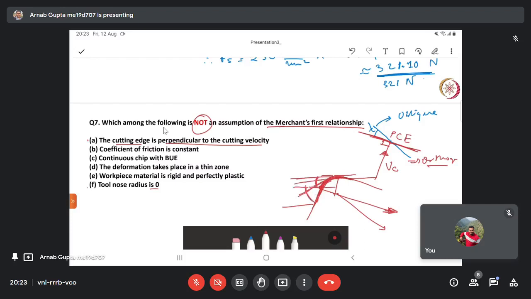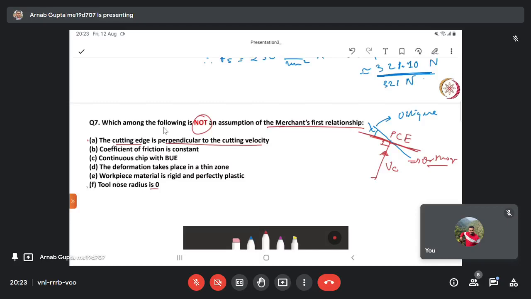So it's decreasing in this manner. So from 0 to 5, it's increasing, okay, from here to here. That we call as nose radius effect. I'm not getting into the details. You can also quantify that. That is the chip flow, the deviation in chip flow due to this nose radius effect. You can quantify that. So this is our correct assumption.